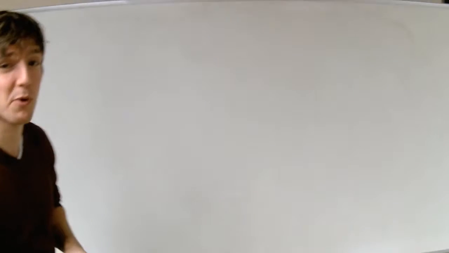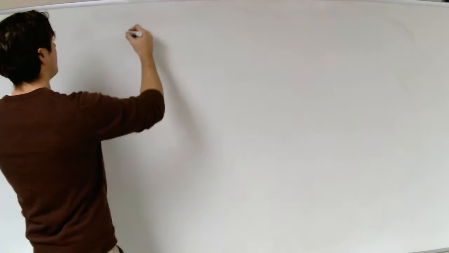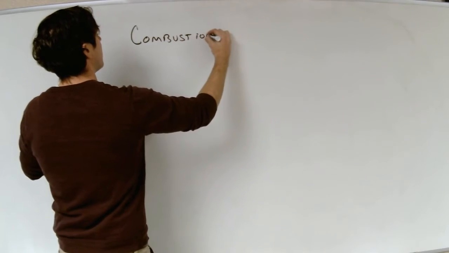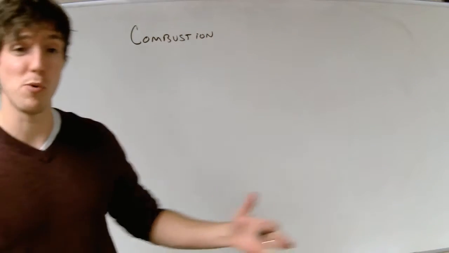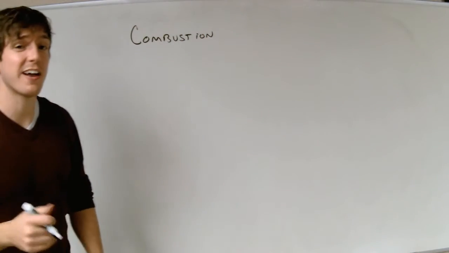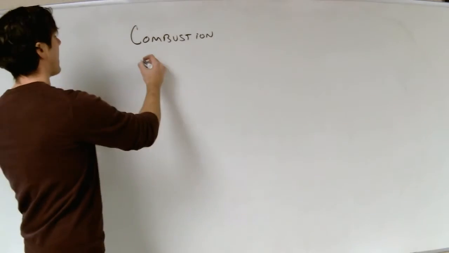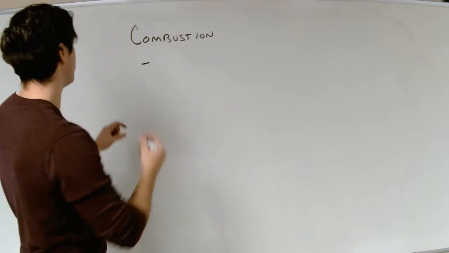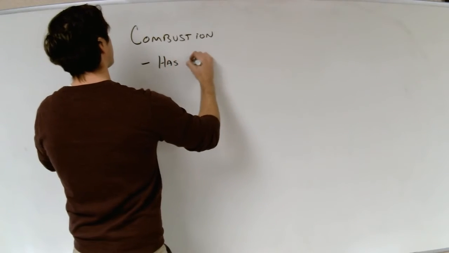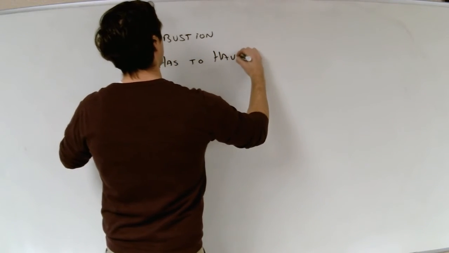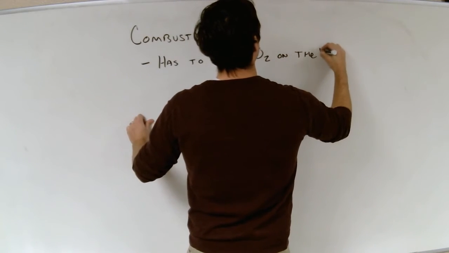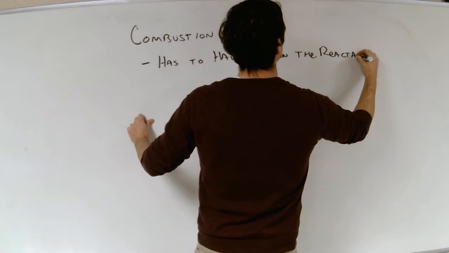I've now cleaned up the board a little bit to go on to our next one, which is known as combustion. It is the fun one, the one where things go boom. To identify a combustion reaction, there has to be O2 on the reactant side, so on the left side.